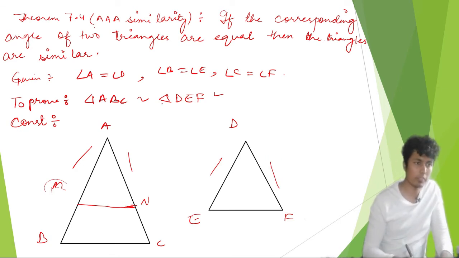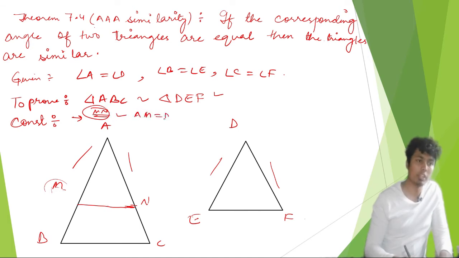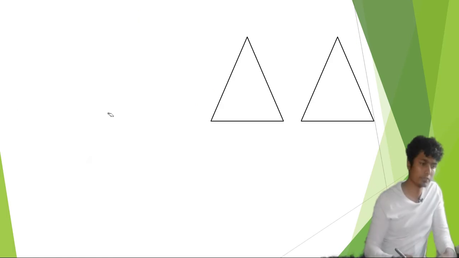So we can write, given in construction, you can just write it on your own, I don't have space even to write. MN is constructed such that AM is equal to DE and AN is equal to DF. All these things you write down. It is quite simple, you just do it. So I think it is clear so far. Let us start the proof.